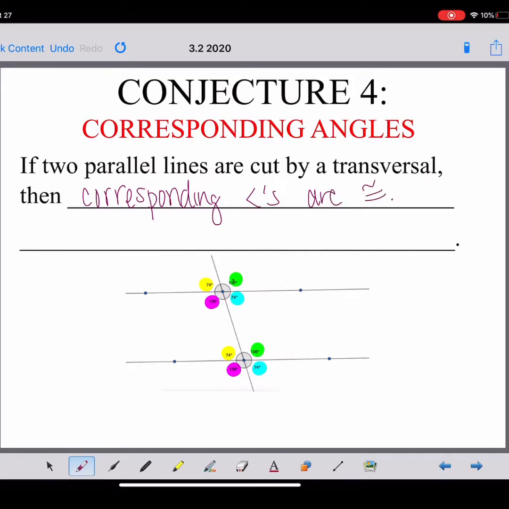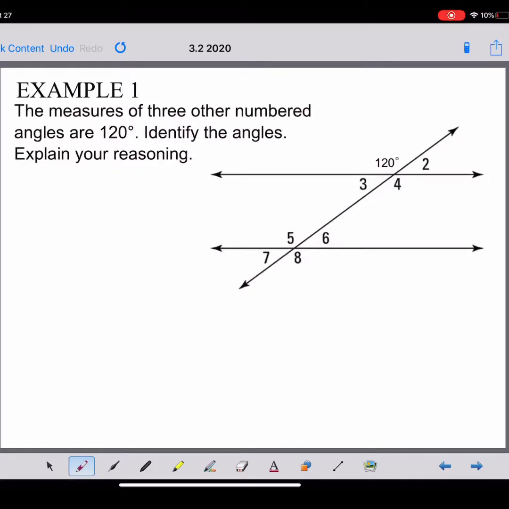So how we're going to use this with the application of algebra in order to solve. If we know that two lines are parallel, and that should be marked, indicating that we have two parallel lines, if we're given one angle, we can actually identify all other angles. So I'm just going to go in order. I know that angle 2 is 60 degrees because angle 1 and angle 2 together form a linear pair.